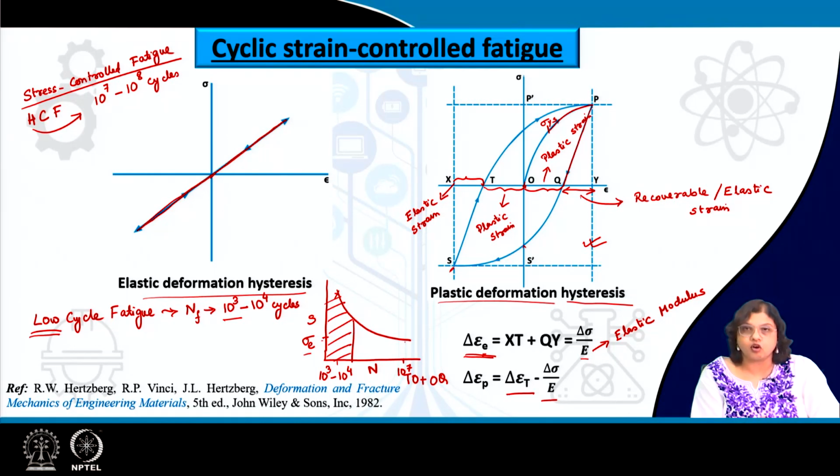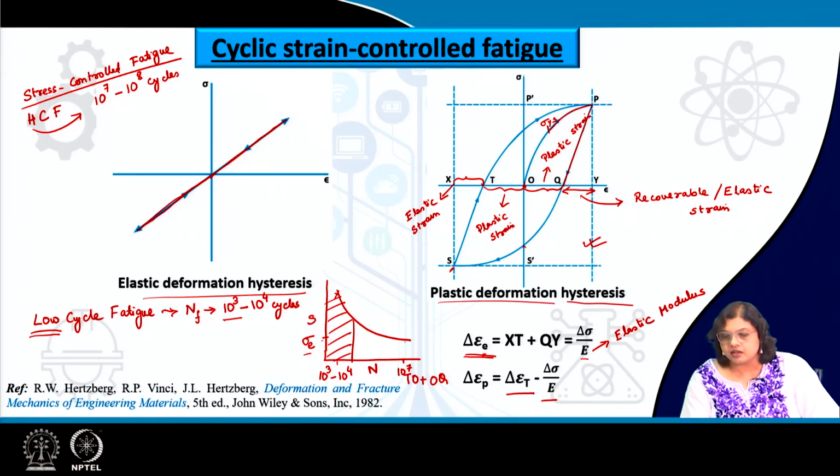In case we are not applying plastic strain, it can achieve a life as high as 10 to the power 7. If we are applying permanent or plastic strain, it can survive only for a lower number of cycles of 10 to the power 3 or 4. So, that makes strain controlled fatigue very important for low cycle fatigue, and then we always have such kind of hysteresis for stress and strain, which is of interest.